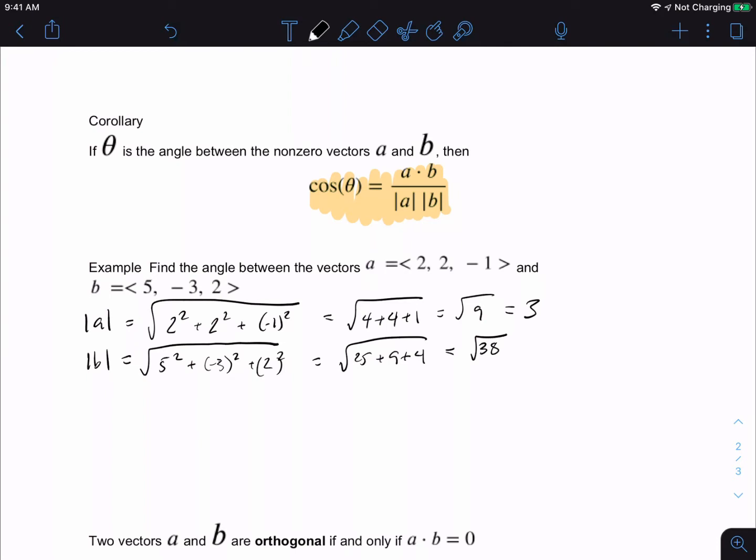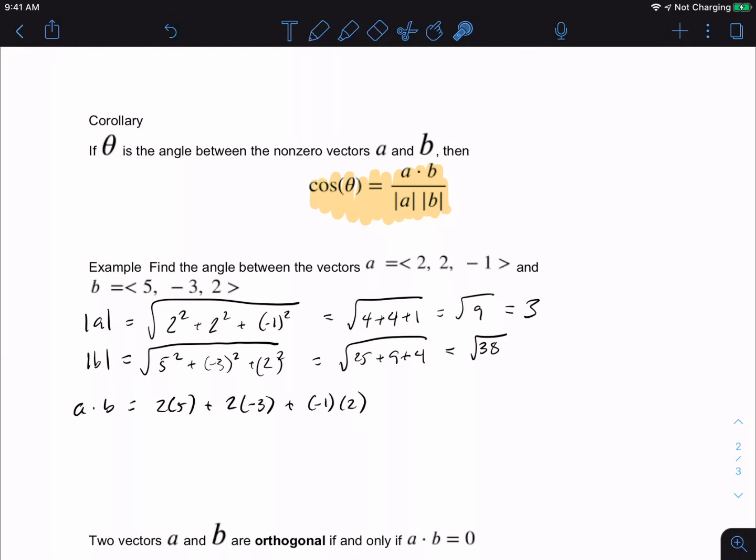And then we also need to find the dot product of the two vectors. So A dot B is going to be 2 times 5 plus 2 times a negative 3 plus a negative 1 times 2.